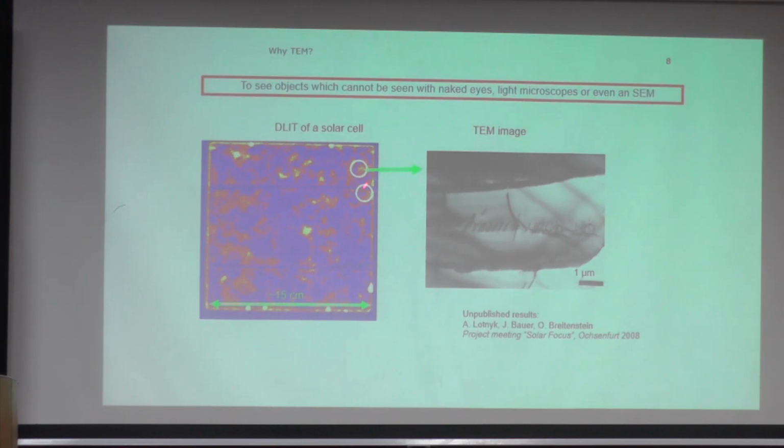If you want to study this and find the reasons, you need a facility to look locally. So we did it, and we found a high number of different dislocations forming at the grain boundary of silicon, or directly in the silicon. So we can see defects in our materials, like dislocations, which cannot be seen by other methods.